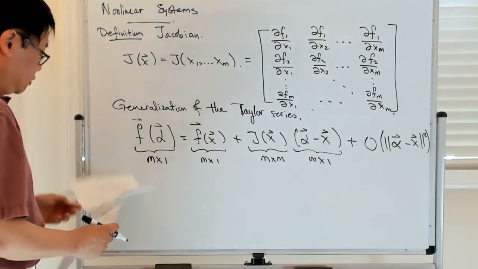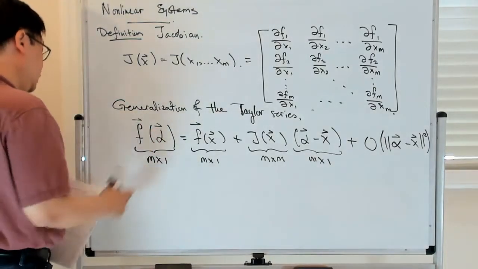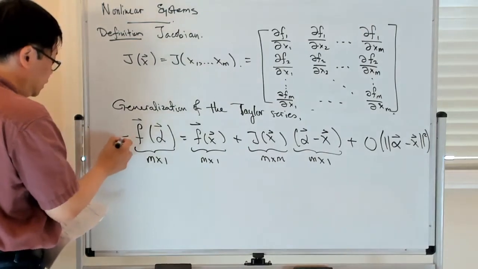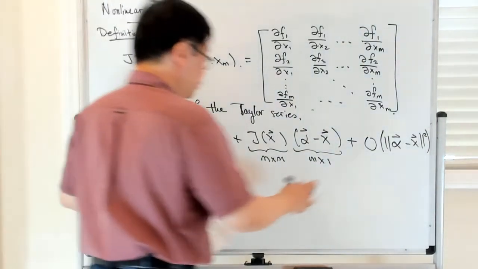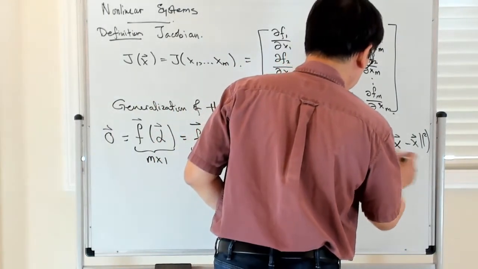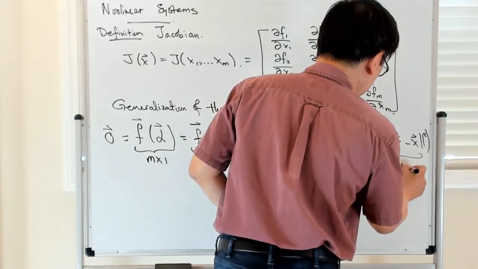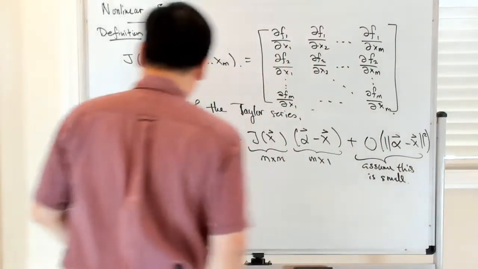You can follow essentially the same argument. If alpha is the root of this nonlinear system of equations, then this is the 0 vector. And we're going to assume this remainder is small, so I'm going to ignore it.